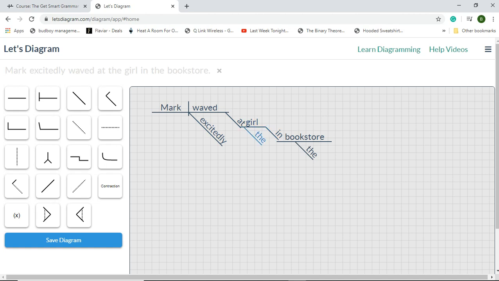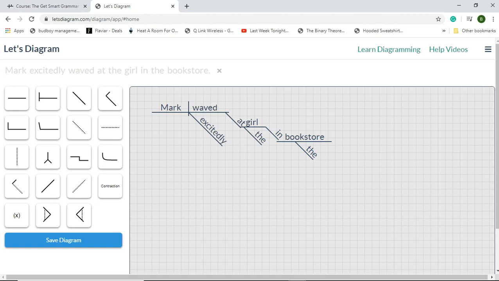The is an adjective modifying girl. In the bookstore is a prepositional phrase acting as an adjective. It's modifying the noun girl. In is the preposition. Bookstore is the object of the preposition, and the is an adjective. Good. So that's question number 1.